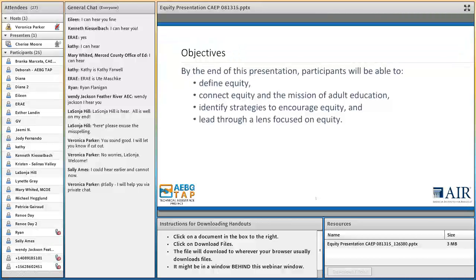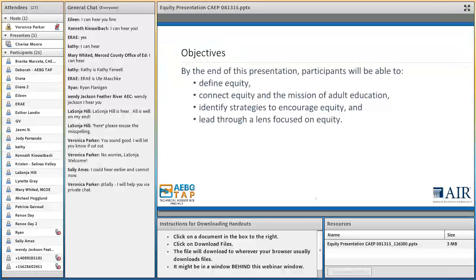And I say that as an educator, but I say that also as a public servant who serves in a capacity on a school board as an elected public official. And I make decisions for students every day that I need to make sure are decisions that we are making through a lens of equity and understanding what sometimes the unintended implications and impacts may be for the decisions that we make and the policies that we put into place.